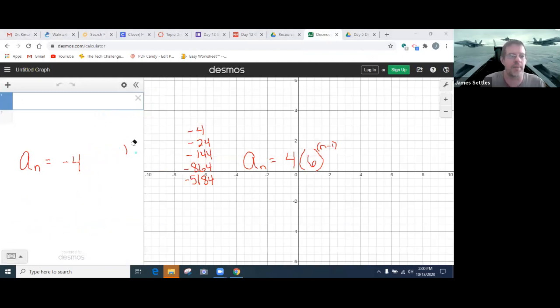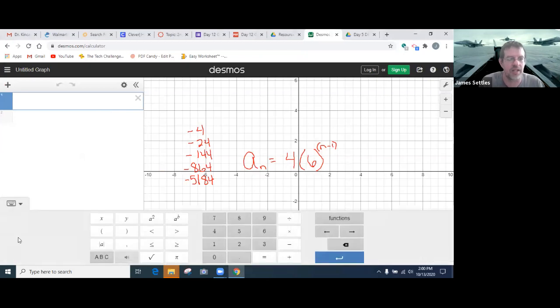Down at the bottom, we got this keypad thing right here. You're going to click on that keypad and the A, B button. So what she's talking about, if you don't know, is we got y equals 4 parentheses 6. She's asking, how do we make this n minus 1 become an exponent?